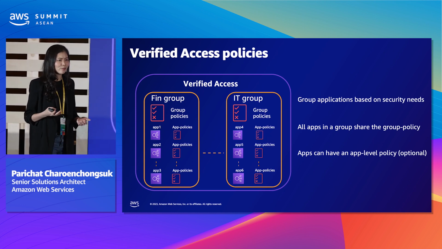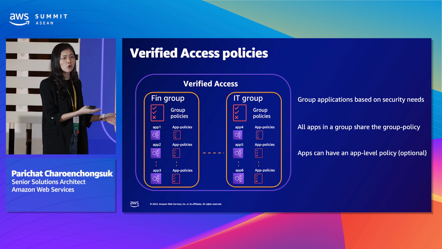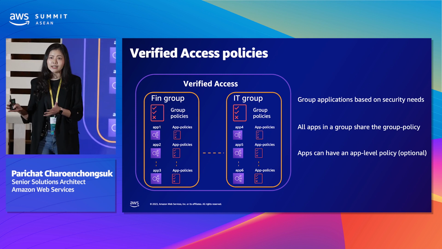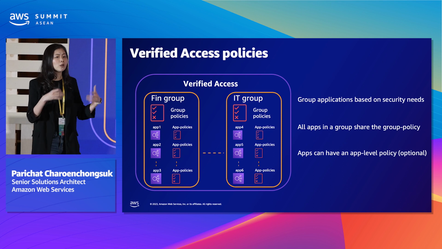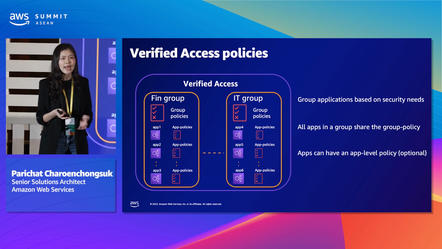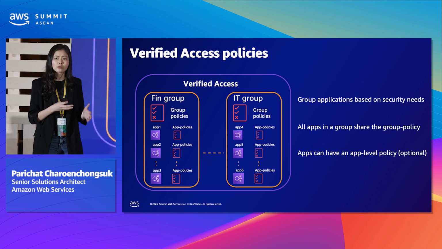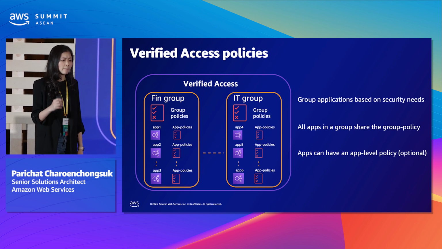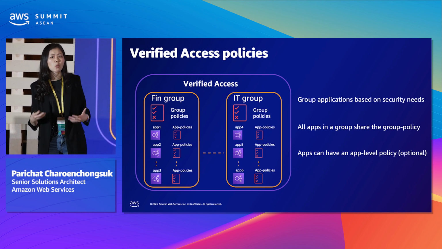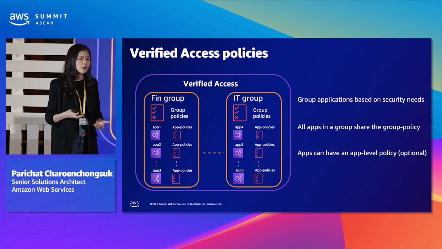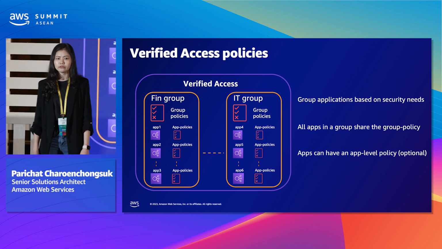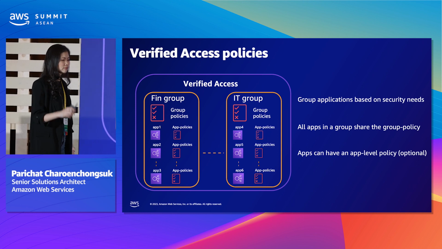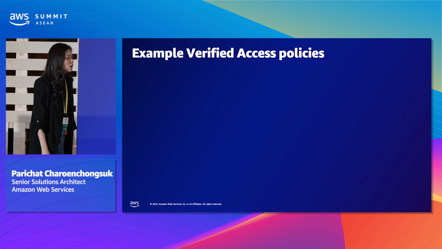For example, financial applications in one group and IT applications in another one. Then create a policy for each group and share the policy within the group. But if some application requires more controls, you can create a policy and apply it at the application level.